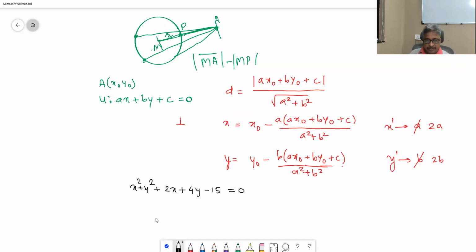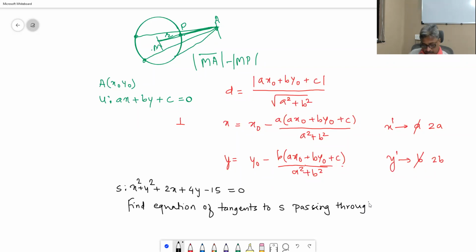And I want you to find the equation of tangents to S passing through the point (5, 0).